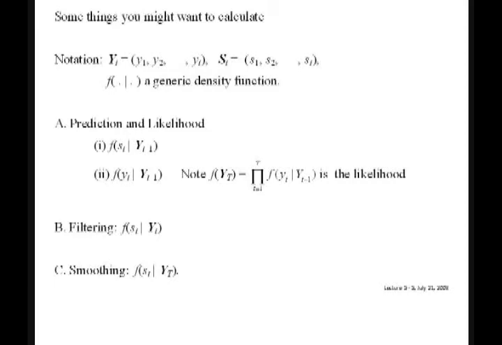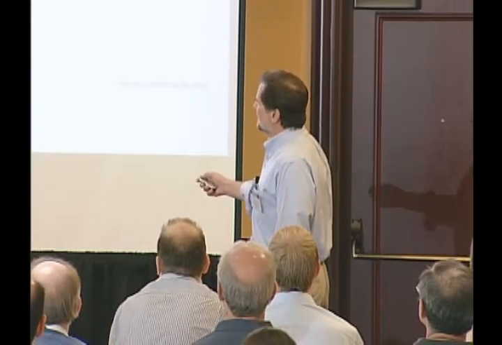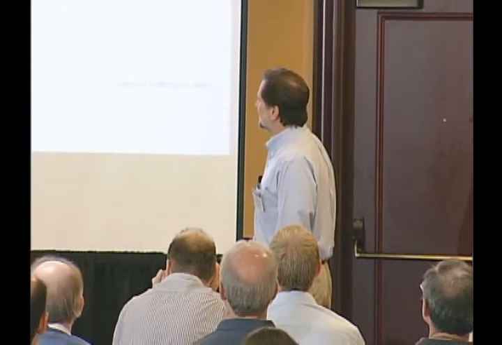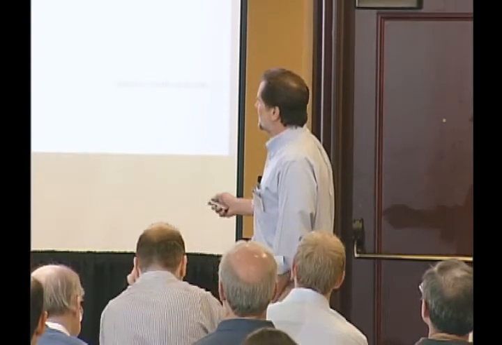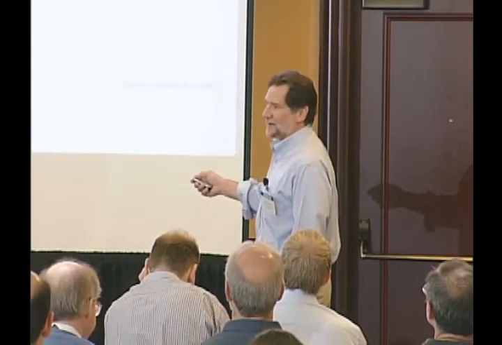Then, some things you might want to do: you might want to predict. So you might want to figure out some guess of what the state's going to be tomorrow, given the observables today. So this is the predictive density of S given Y. You might want to, of course, predict the observable. So what do I know about Y tomorrow, given the history of the observables today?